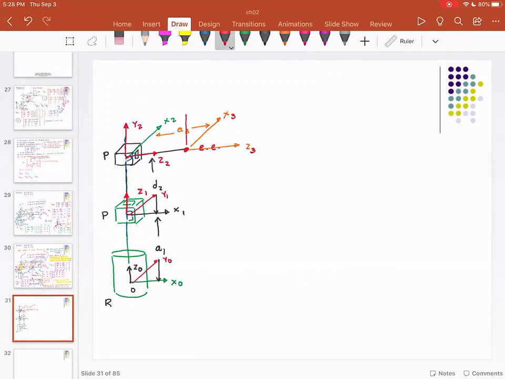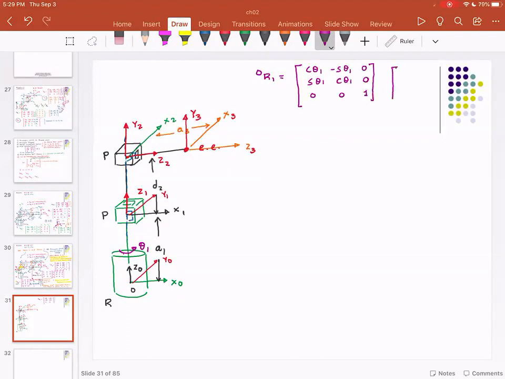X3, Z3, Y3 will be like this. Now I can quickly write down 0R1. The axis of rotation is theta 1. So cosine theta 1, minus sine theta 1, 0; sine theta 1, cosine theta 1, 0; 0, 0, 1.